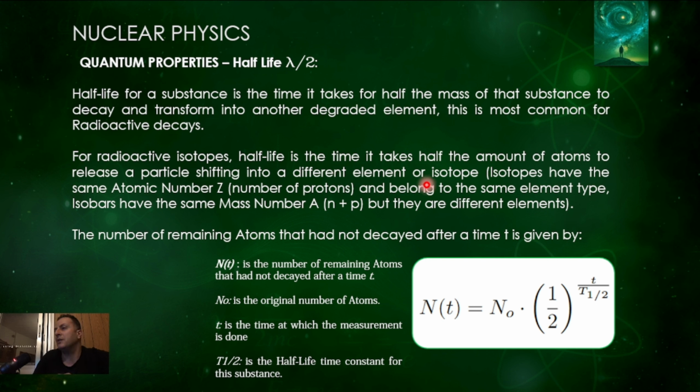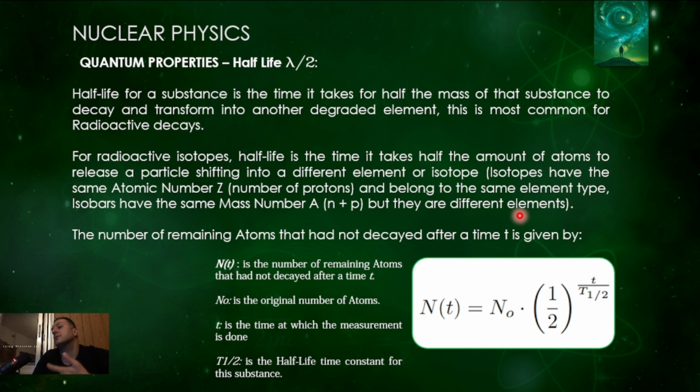Now, what do we mean by different element or isotope? As a review, isotopes have the same atomic number Z, or number of protons in other words, and belong to the same element, the same type of substance, but have different mass numbers. Meanwhile, isobars have the same mass number, A, which is the number of neutrons plus protons, but they are different elements.